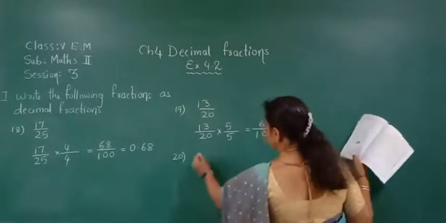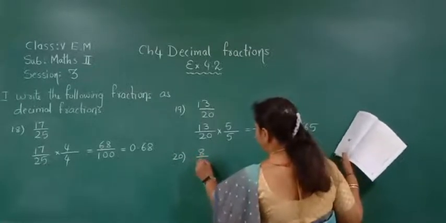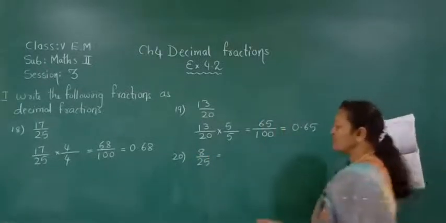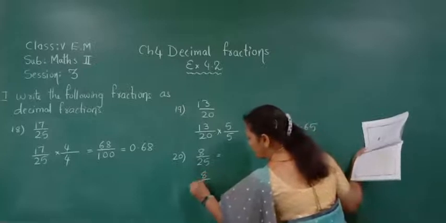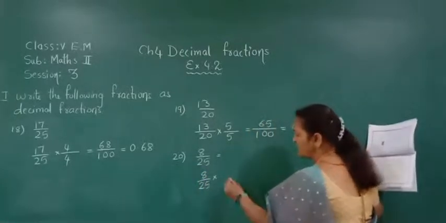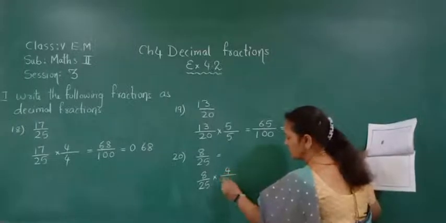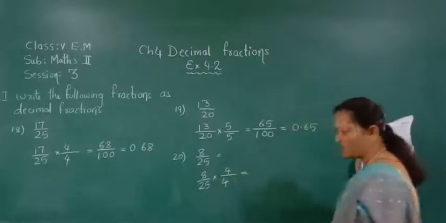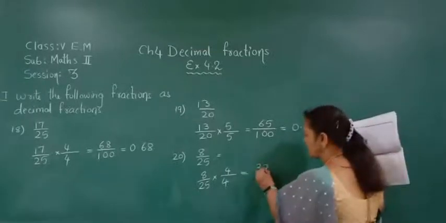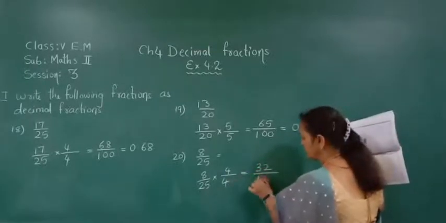20th question, it is 8 by 25. In 25 table where do we find 100? 25 fours are 100. So both numerator and denominator multiply by 4. Then 8 fours are 32 and 25 fours are 100.